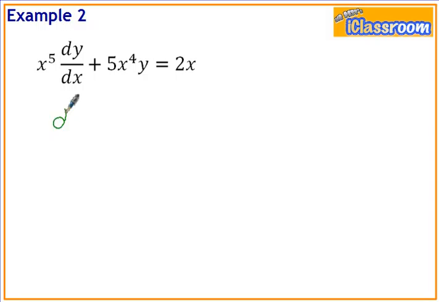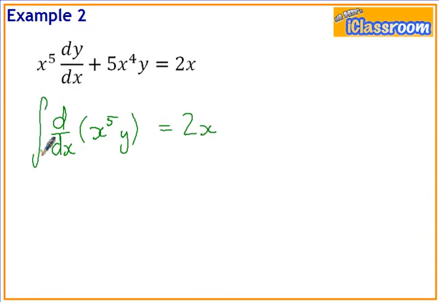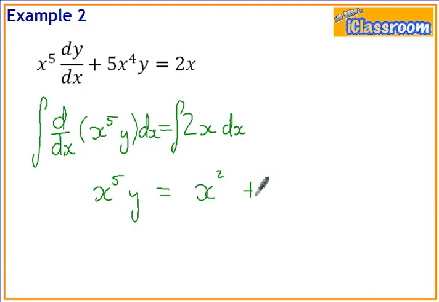So I know that the left hand side can be expressed as d by dx of x to the power of 5 times y, which must be equal to 2x. Then, integrating both sides, I end up with x to the power of 5 y is equal to x squared, and again, mustn't forget that constant of integration.